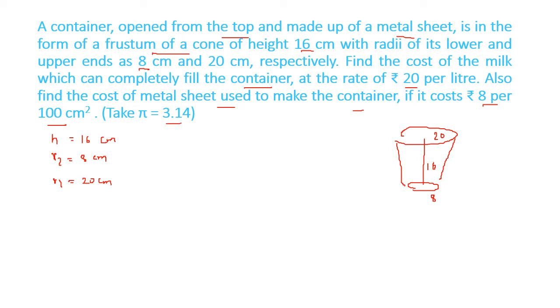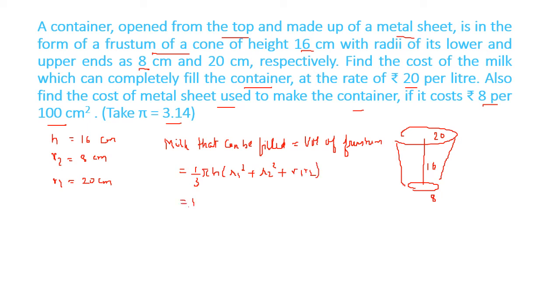Now milk that can be filled inside is equal to volume of frustum. What is the formula for volume of frustum? 1 by 3 pi h R1 square plus R2 square plus R1 R2. 1 by 3 pi, to take 314 by 100.